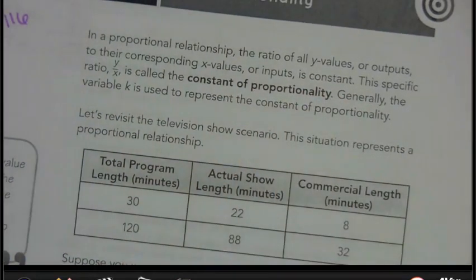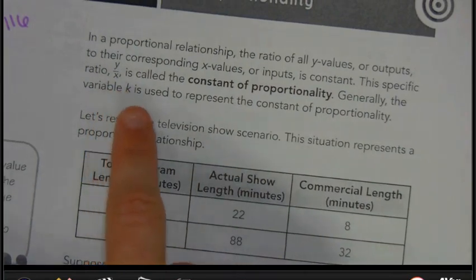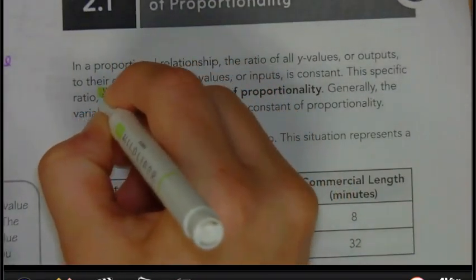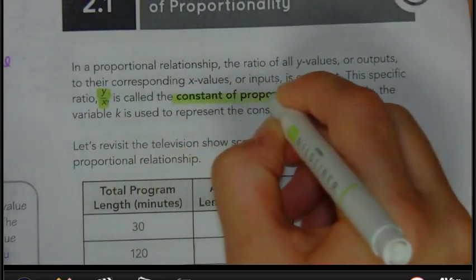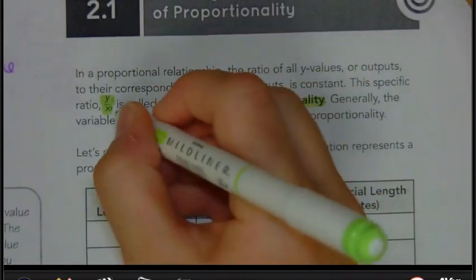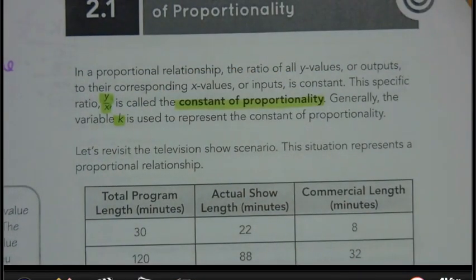The specific ratio of Y over X is called the constant of proportionality. Generally, the variable K is used to represent the constant of proportionality.